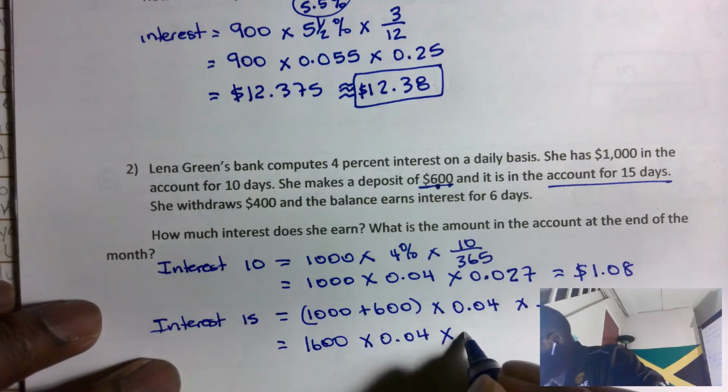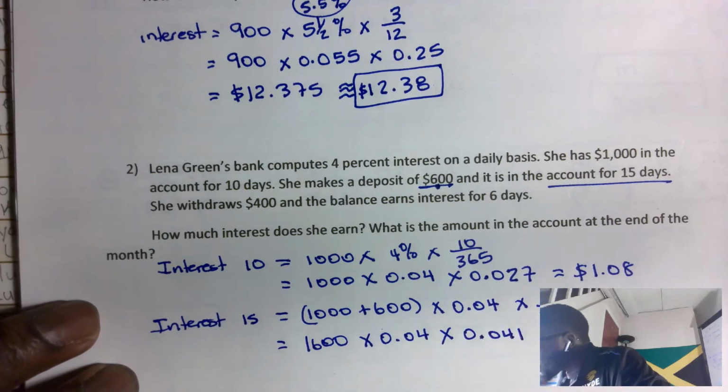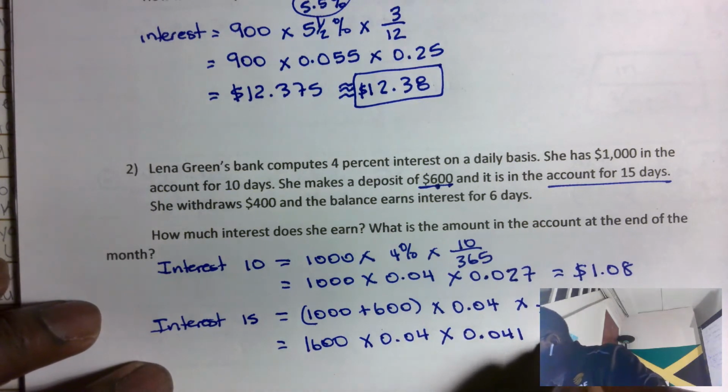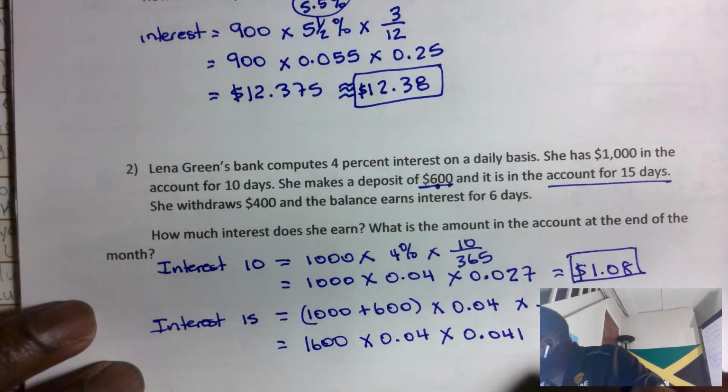I'm going to round it again to 0.041. So 1,600 times 0.04 times 0.041 is equal to 2.624, which is 2.62.